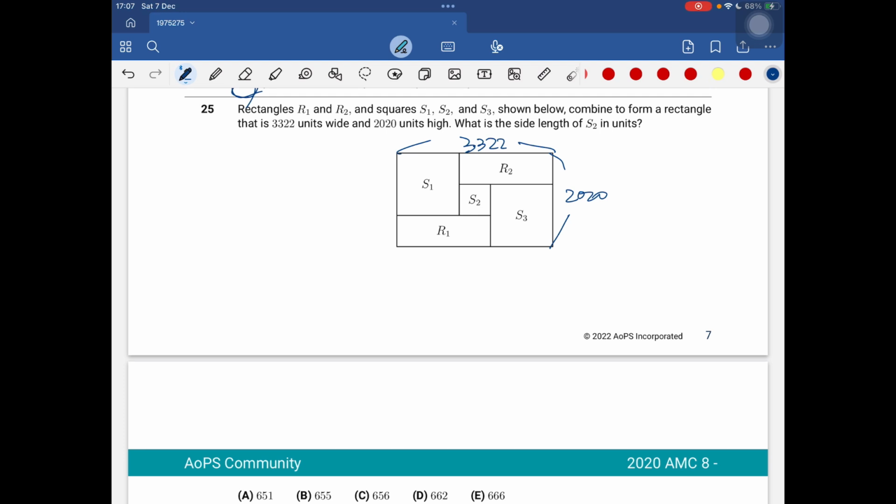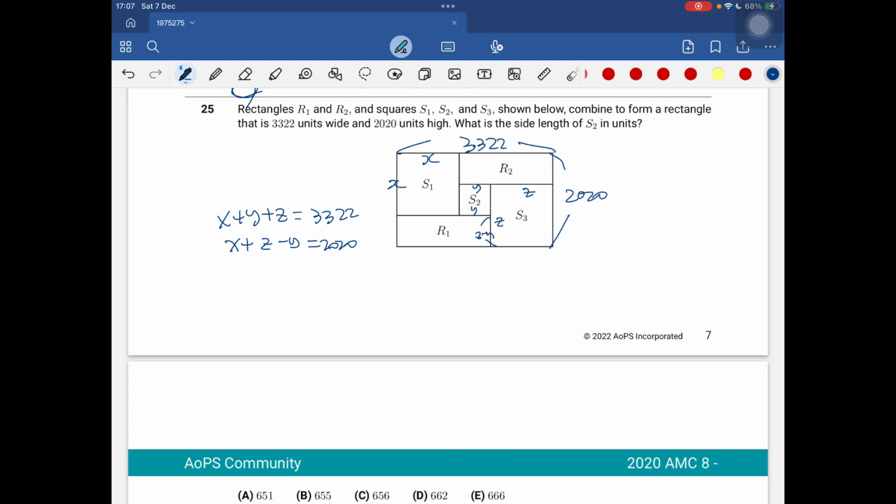So all squares: x, y, z. For R1, x plus y plus z becomes 3,322. And x plus z minus y becomes 2,020, because this is z minus y.